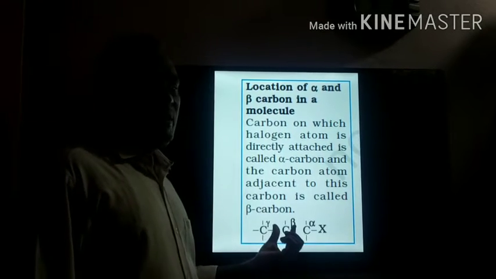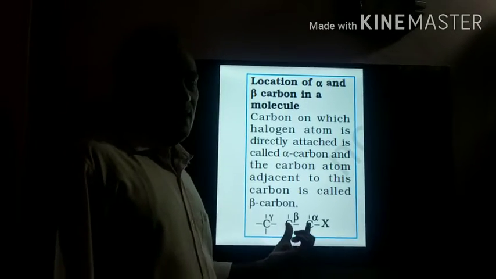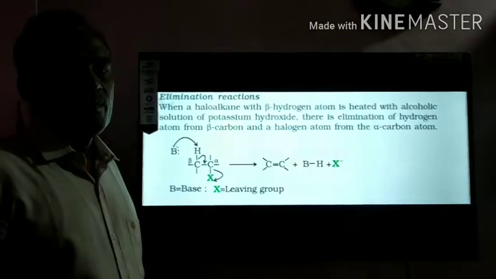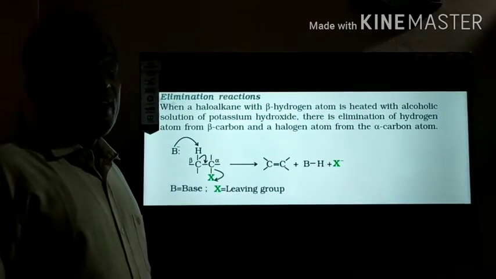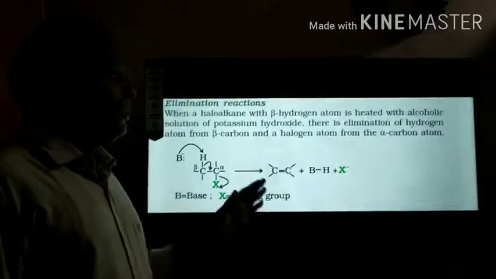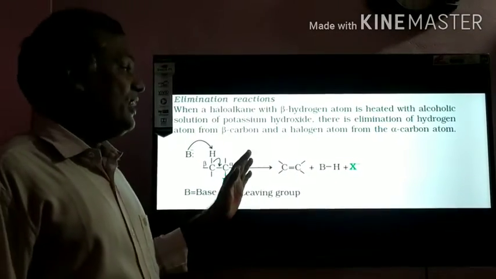In elimination reactions, now let us see one example. What type of elimination reactions will take place in haloalkanes and haloarenes? Let us see.